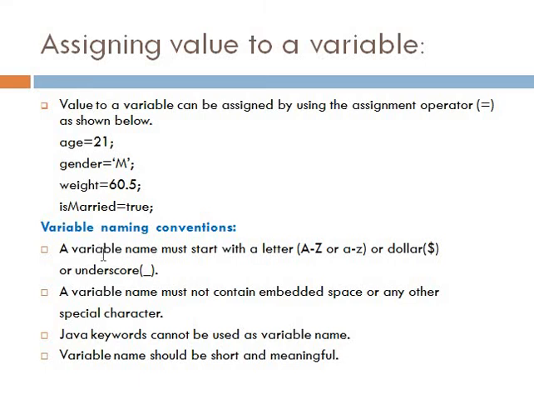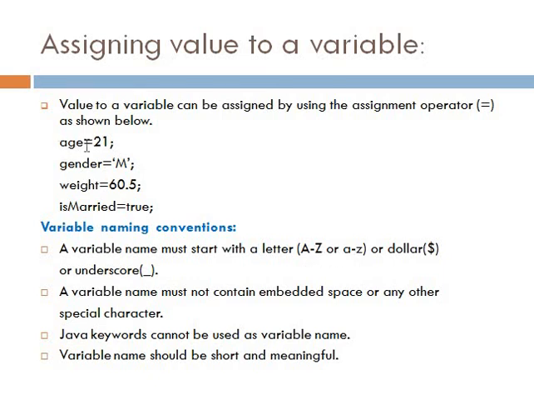Now look at the first point. It says a variable name must start with a letter A to Z in capital or a to z in small. Now you see, if you look at these variables, okay, the variable age starts with a small letter a, okay. Now this clearly abides by the convention that a variable name should start with the letter capital A to Z or small a to z, okay.